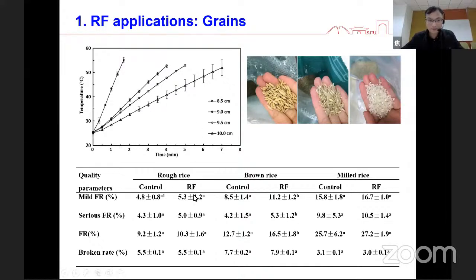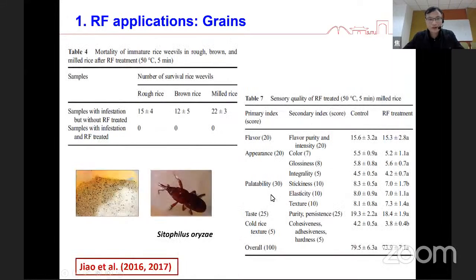And we compared the efficiency of killing insects, and also we compared the quality. Actually, we also compared the influence of RF heating rate on the fissure rate and broken rate of the rice. Finally, we found that if we have very, very high RF heating rate, it would cause an increase of the broken rate.